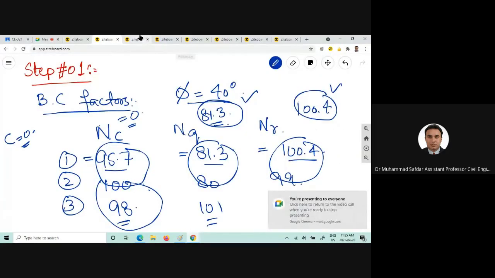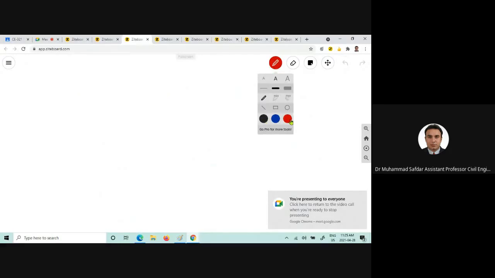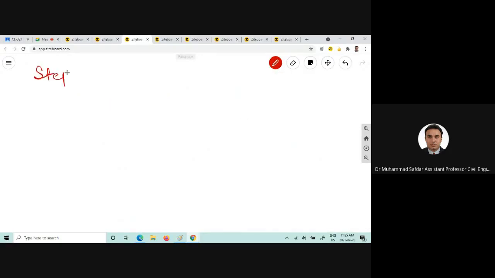Now what would be step 2? We got the bearing capacity factors, so we will find the ultimate bearing capacity. What is the equation of ultimate bearing capacity?